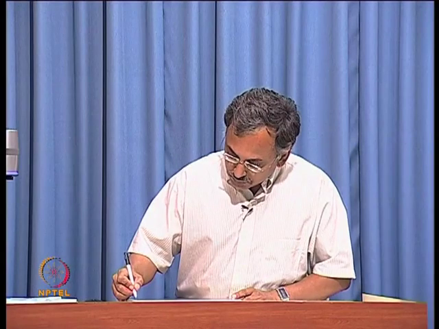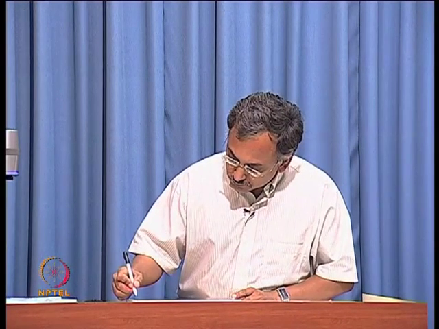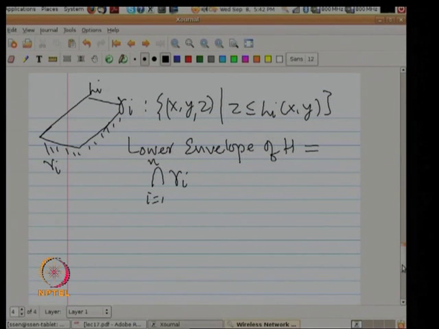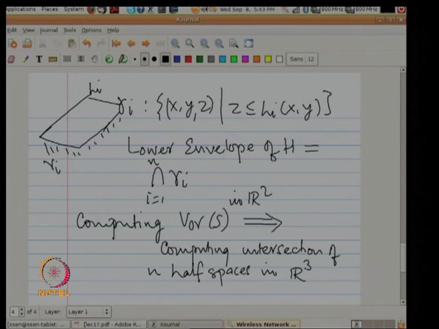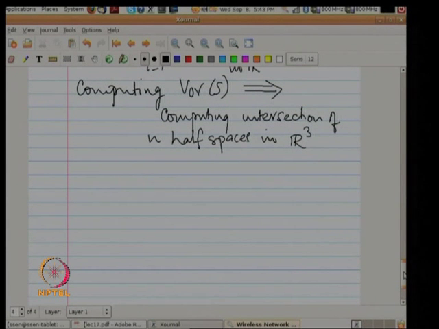So, computing the Voronoi diagram is reduced to computing the intersection of half spaces in 3D. Now, how do I compute the intersection of half spaces? I use the duality.